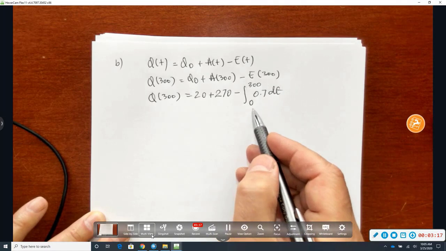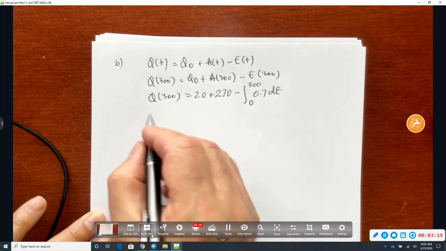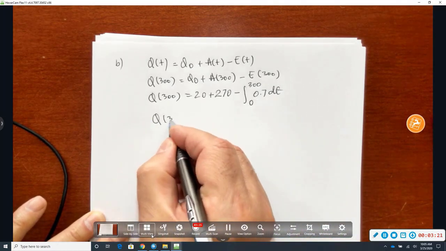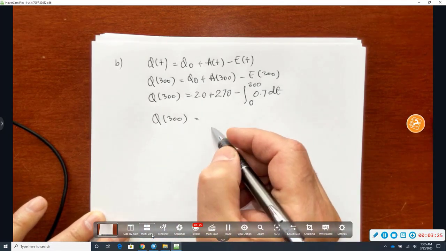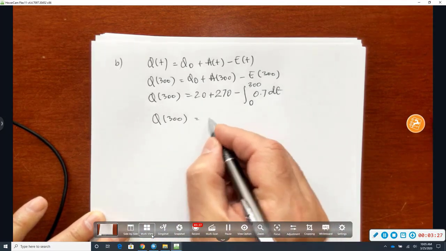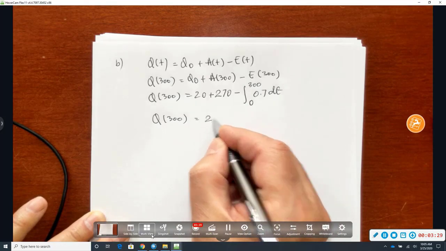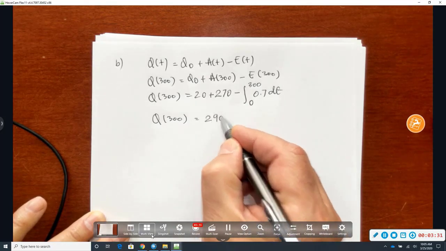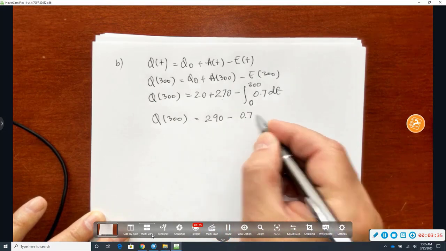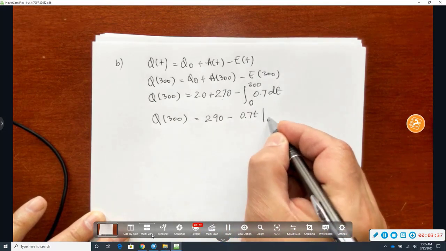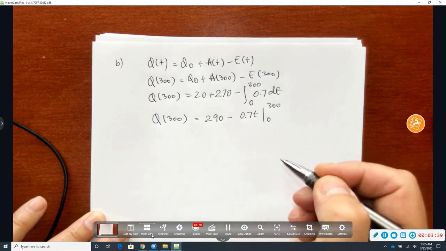Now, this integral is something I can do by hand, so the number of people at time 300 on that escalator line is 290, just by adding these two quantities, minus 0.7t between 0 and 300.